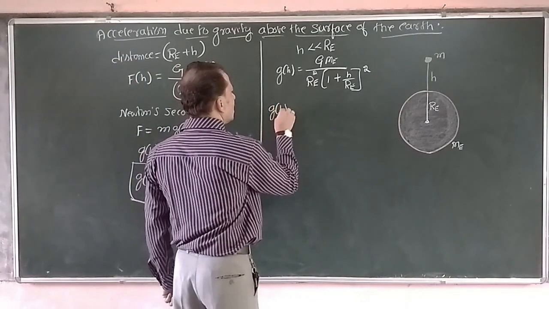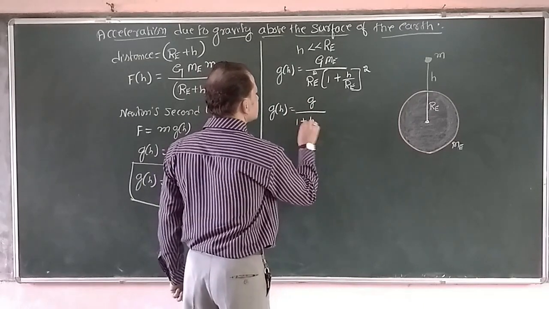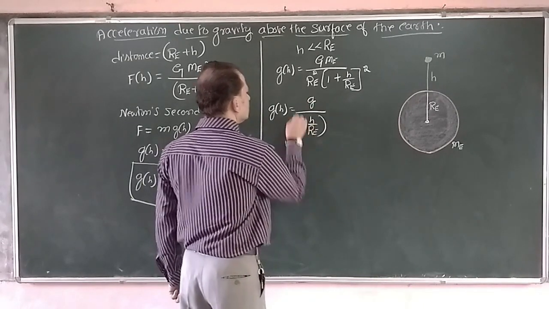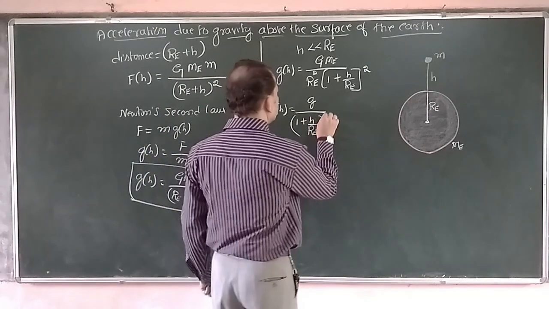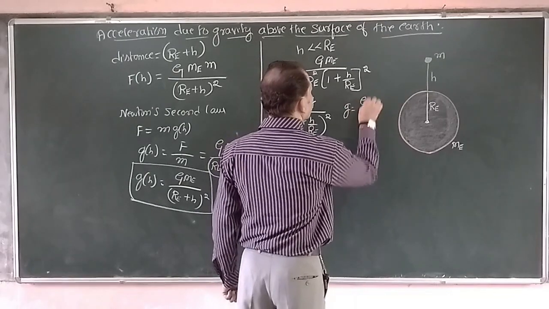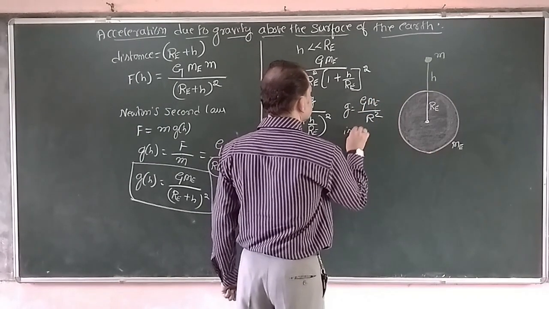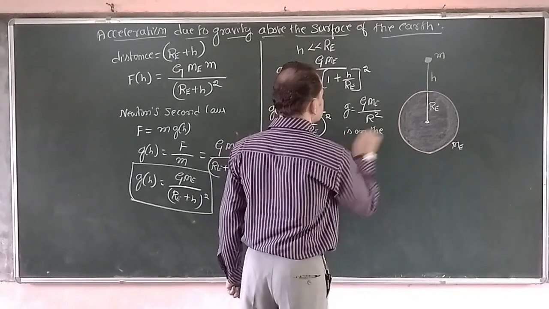Therefore, g of h is equal to small g divided by 1 plus h by Re whole square, where g is equal to capital G Me divided by Re square on the surface.